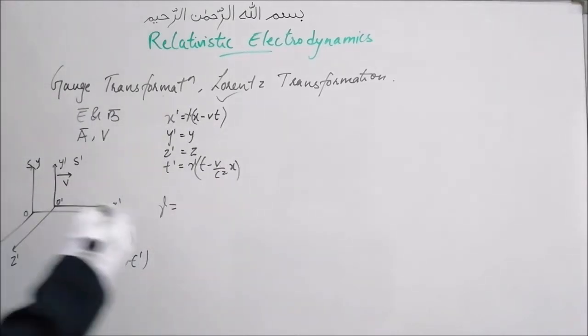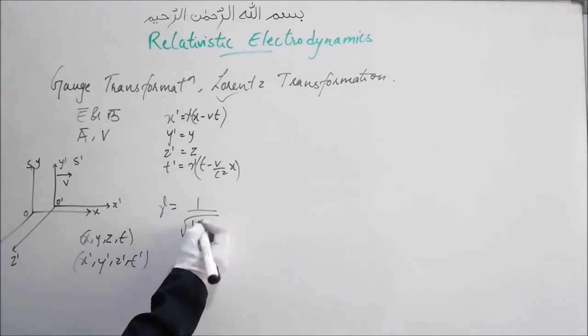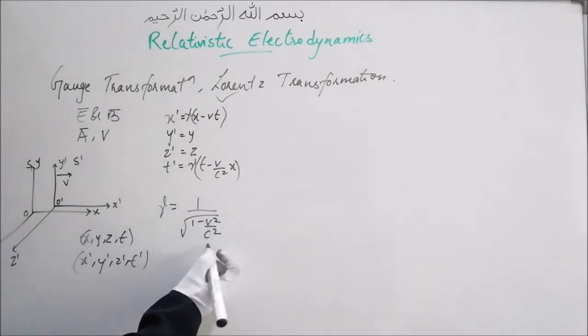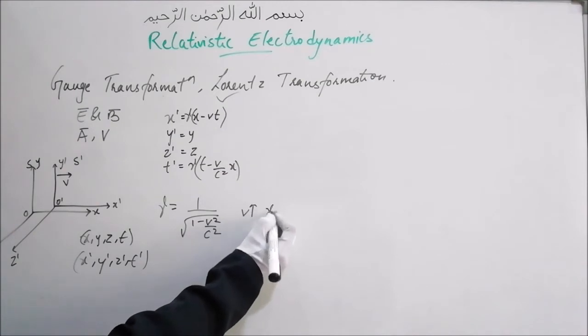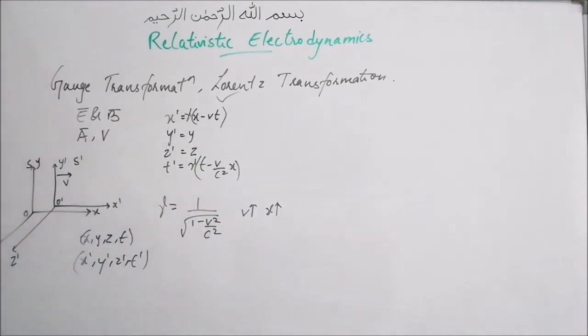Gamma is the Lorentz factor, which is 1 over the root of 1 minus v squared upon c squared. So if the velocity increases, gamma also increases. As the velocity tends to c, gamma increases more and more.